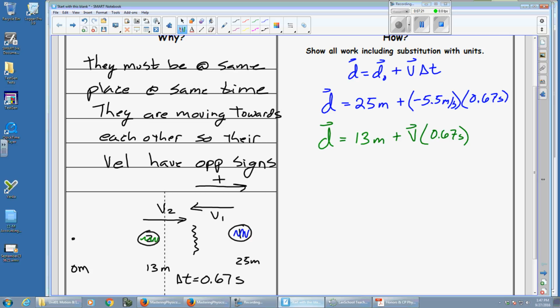So now I can set those two equal to each other and have 13 meters plus V2 times 0.67 seconds equals 25 meters plus negative 5.5 meters per second times 0.67 seconds.